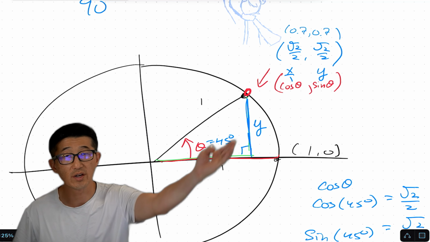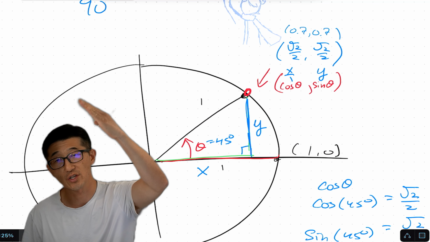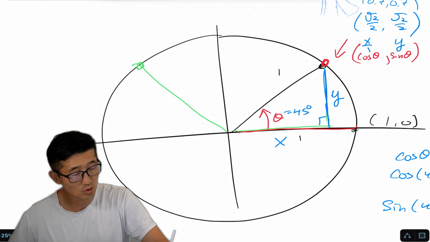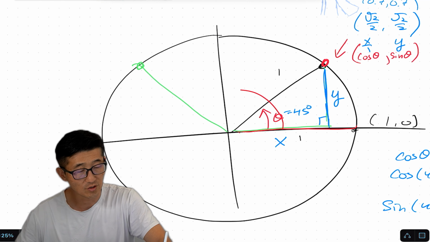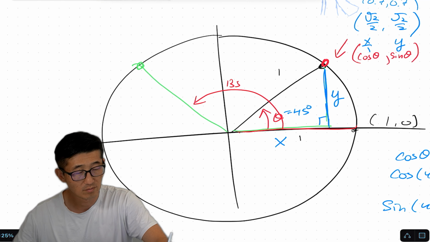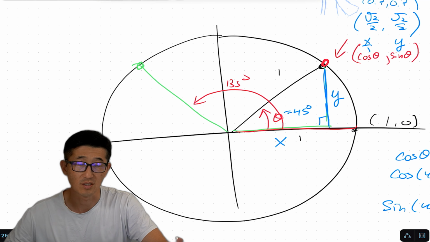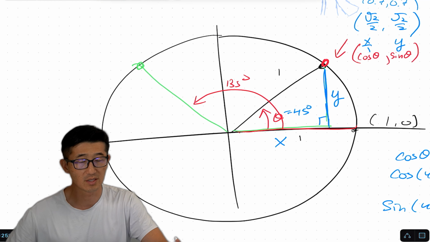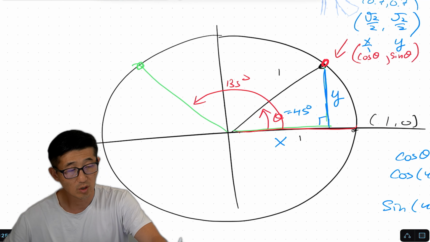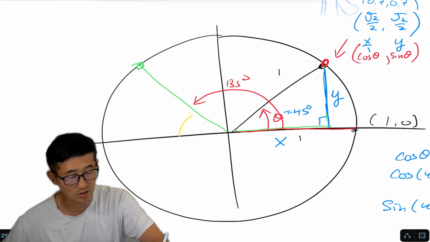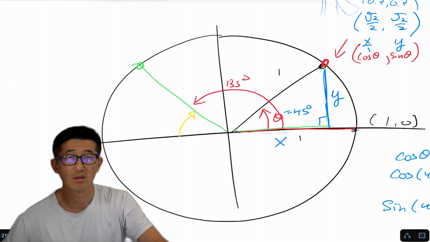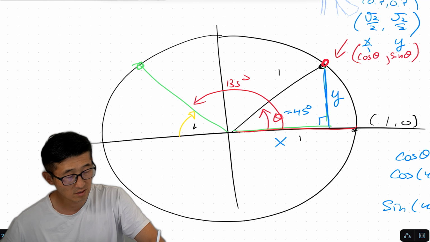Now, if you extend the radius, if you keep on going, let's imagine you went all the way over here to 135 what? Degrees. Well, think about it like this. We went 135 degrees. We ended up in the second quadrant. Well, what's its reference angle? You see this right here? What's that angle right there? 45. Yeah, it's 45.